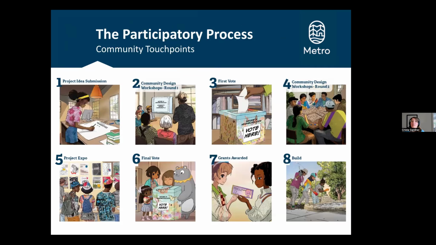At the end of the program design phase, the Program Design and Review Committee produced a guidebook and the request for proposals. At the same time, Metro leadership identified flexible funding for engagement and project development, which allowed us to hire a wonderful consultant team of Not Design, Co-Locate, and Multicultural Collaborative that really met the intent of the committee.